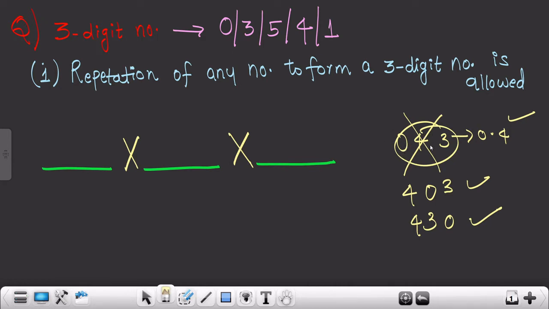It might come in the second place, or it might come in the third place. I hope you are getting my point. So the hundreds place can be filled in 4 different ways. That means either 3 can come here, or 5, or 4, or 1. So the hundreds place can be filled in 4 different ways, and that was the most important point.